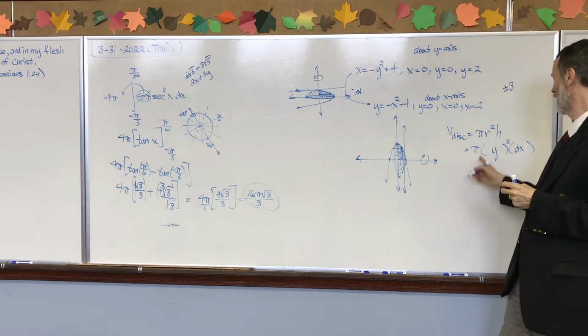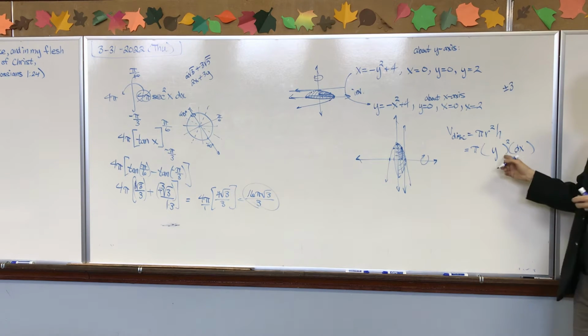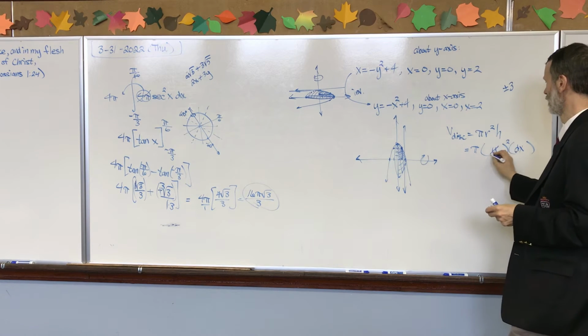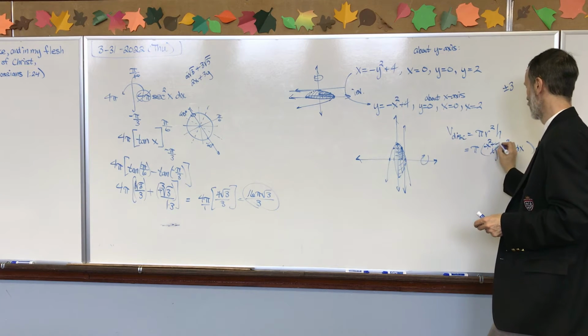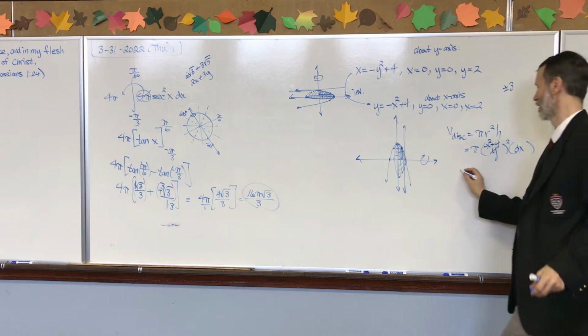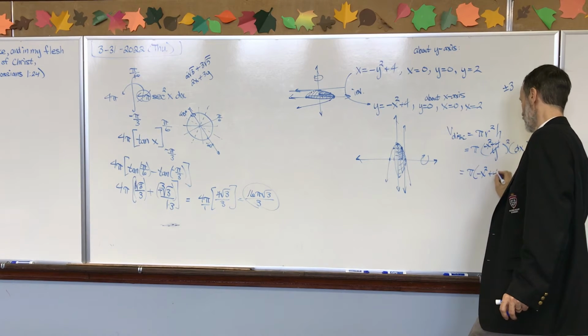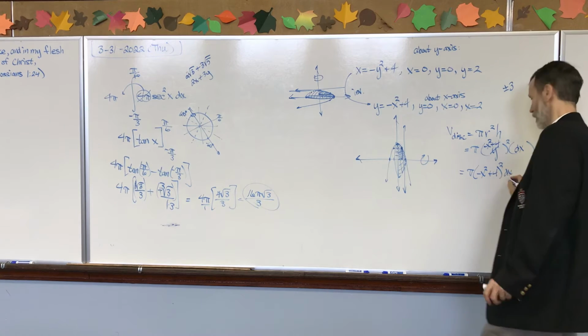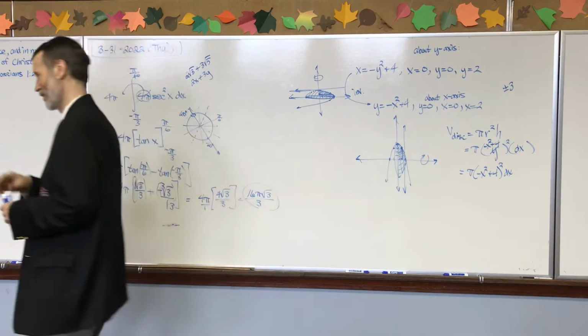Let's do this one. You have to replace the y with what? The negative x squared plus 4. Exactly. Negative x squared plus 4 squared. Let me rewrite that. I'm about to give you one last gift. Grab your calculator.